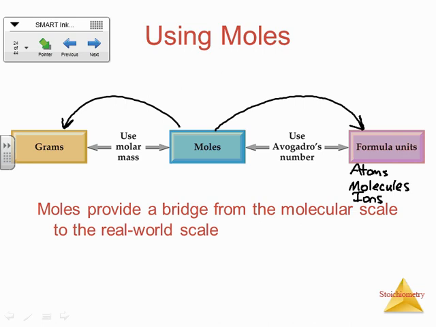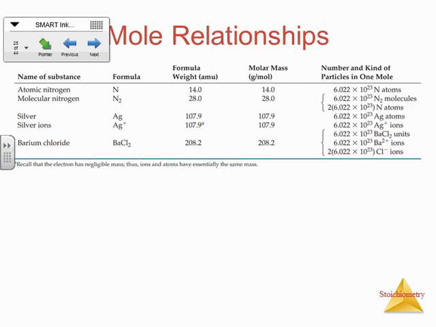And a lot of times what we'll do is go from grams to moles or from moles to grams, but if you know how many grams you have, you can figure out how many atoms of something there are going through moles, okay? This gives some relationships here.